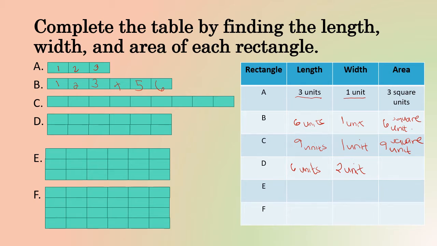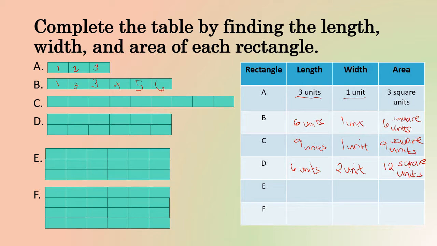So, for the area, 6 times 2, that is 12 square units. So, 1, 2, 3, 4, 5, 6, 7, 8, 9, 10, 11, 12. So, kaysa bilangin nyo, multiply nyo na lang.